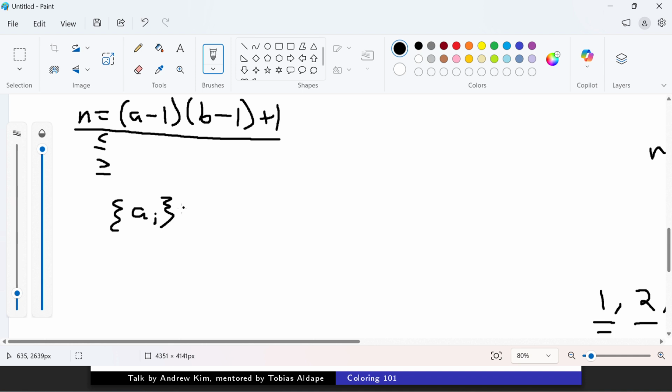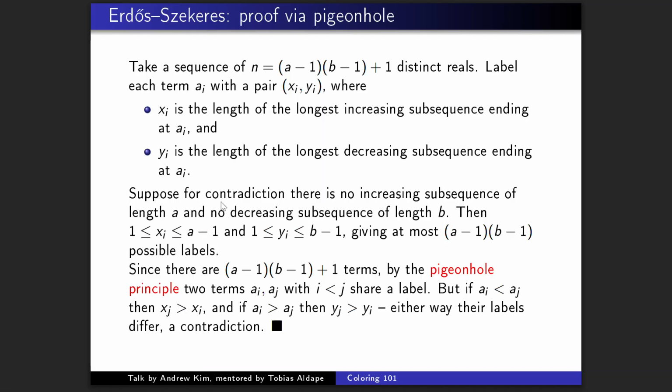We call the sequence a_i, and for each i, we label a_i with the ordered pair (x_i, y_i). We define x_i and y_i as follows: x_i is the length of the longest increasing subsequence ending at a_i, and y_i is the same but for decreasing subsequences.